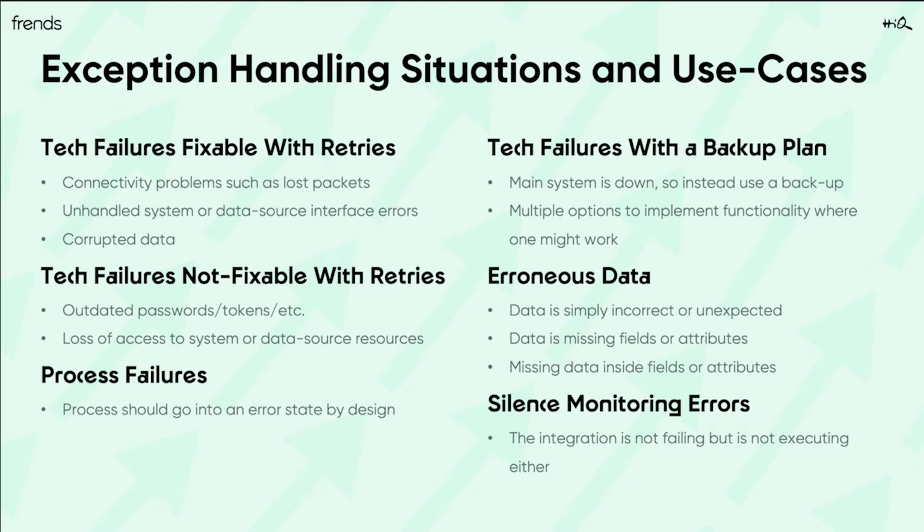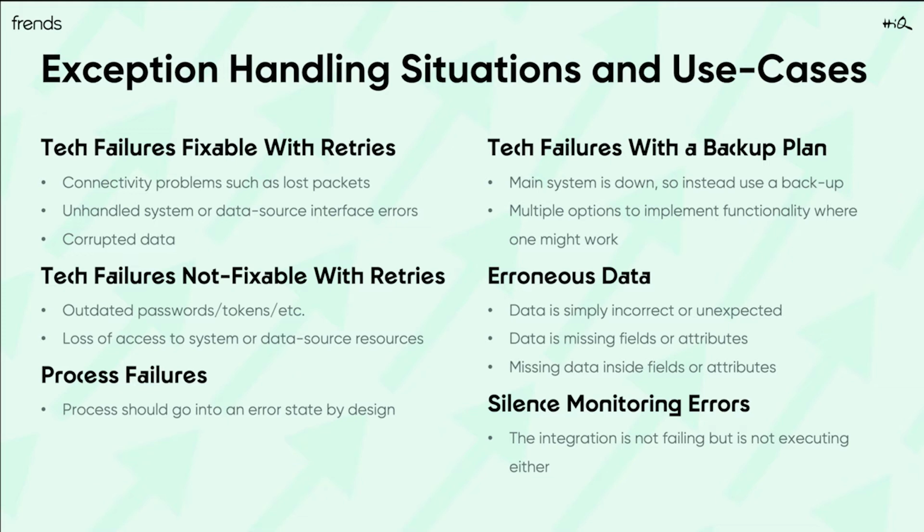And as an added bonus, I added silent monitoring errors here as a last use case, where we can have situations where the integration is not technically failing. So there are no exceptions happening within our integration, but still we are in an exception situation, basically dealing with a problem.